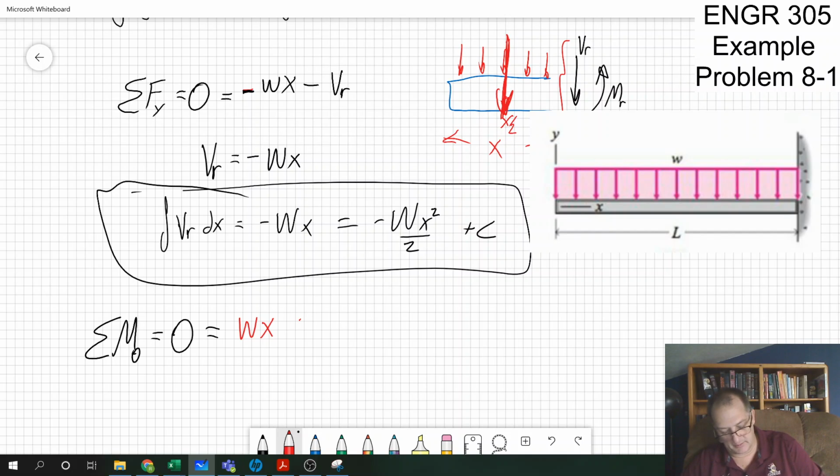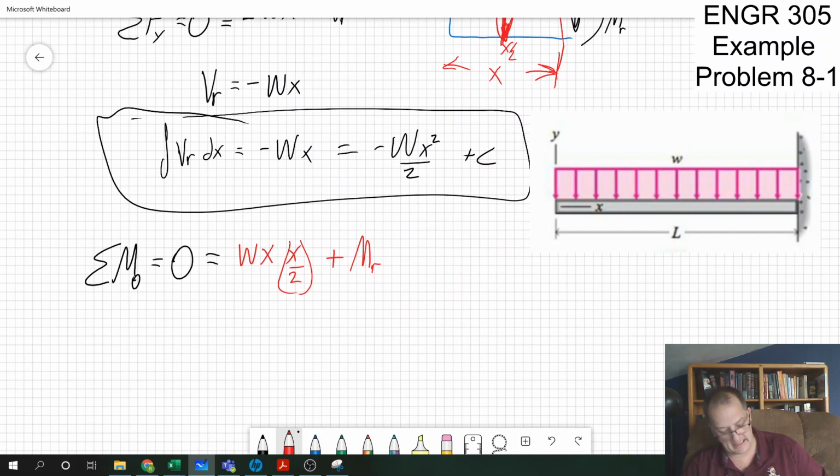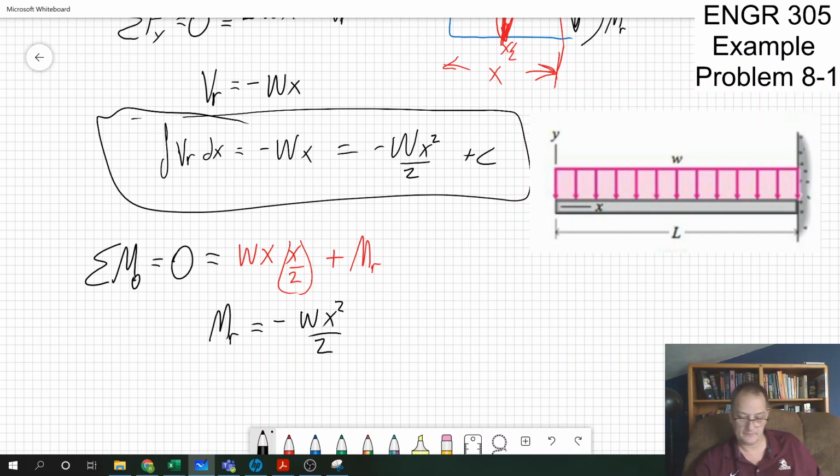So I'm going to multiply that by x over 2. Then I don't have anything else, and I've got a plus MR equal to 0. Then I'm just going to rearrange that, and MR is equal to minus wx squared over 2.